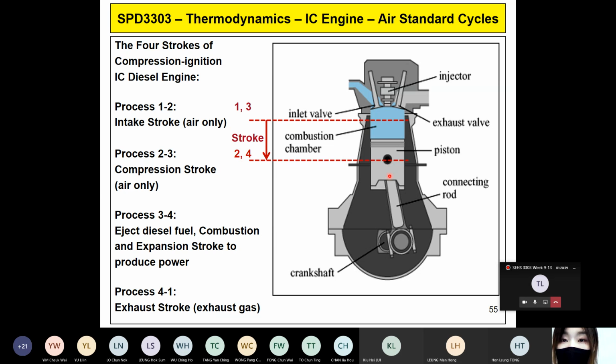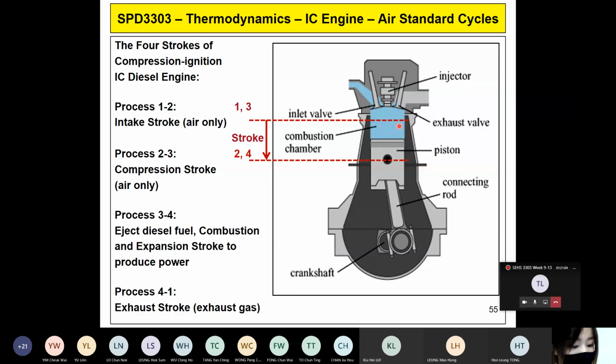The piston moves upward to compress the air inside your cylinder, towards the top dead center. The air is compressed into high temperature and high pressure.